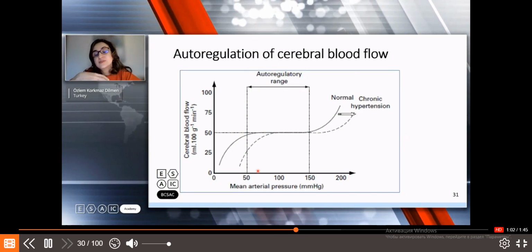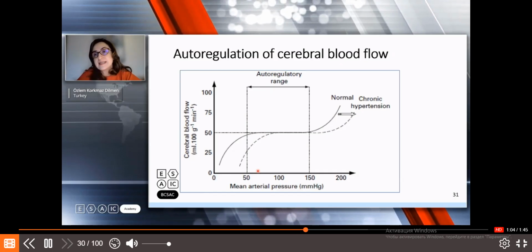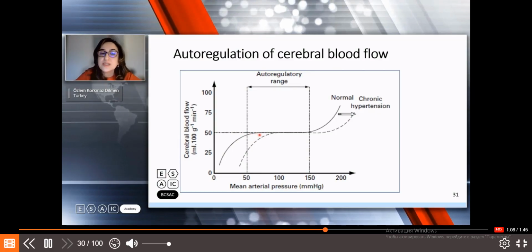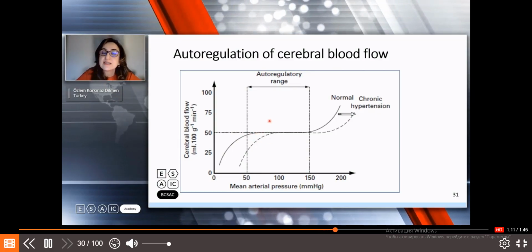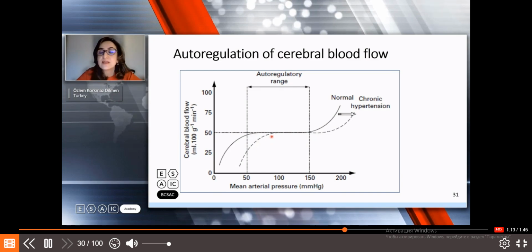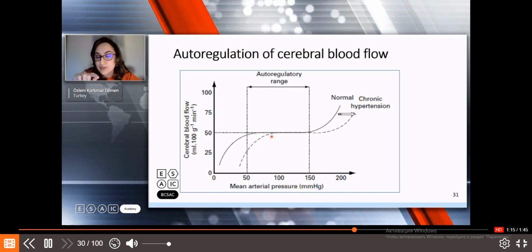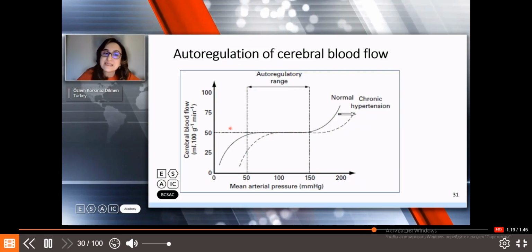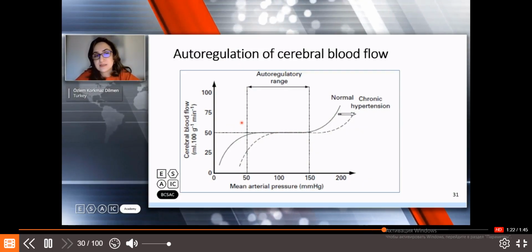That's why in our neuroanesthesia and neurointensive care practice, we generally try to find that patient's autoregulation range to keep the mean arterial pressure sufficient to sustain enough cerebral blood flow.